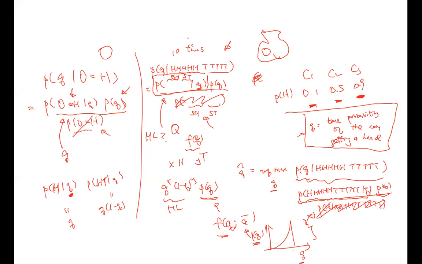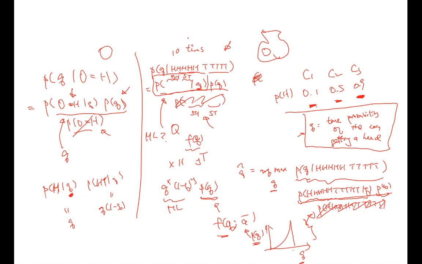Now we are talking about how Q is distributed. So we are doing a second level of probability basically. We have one level of probability, then we talk about the probability of that probability.